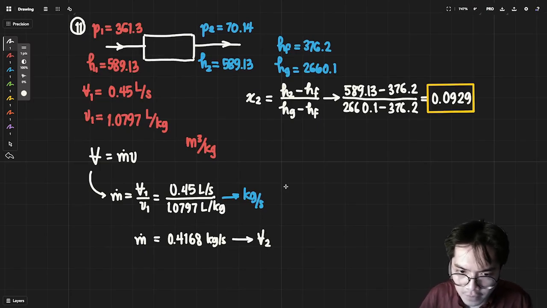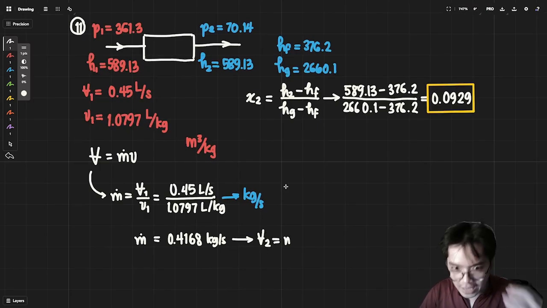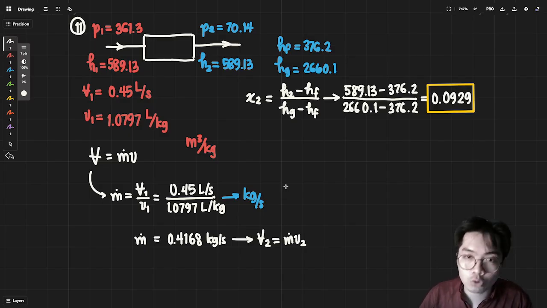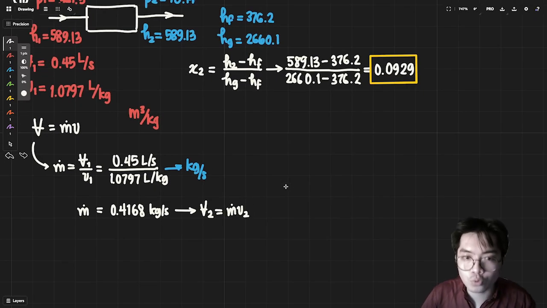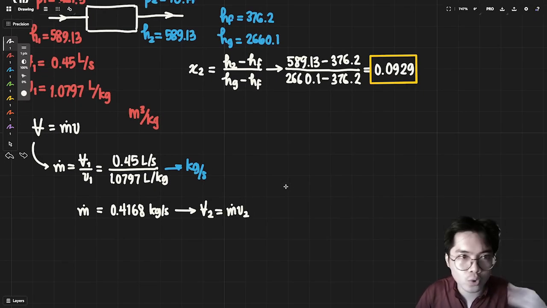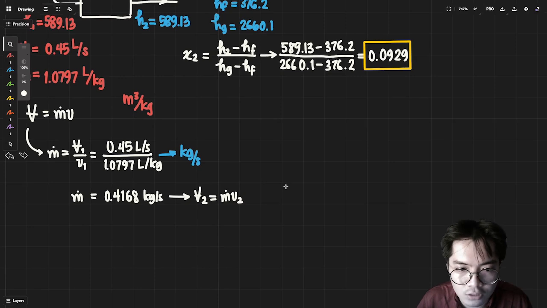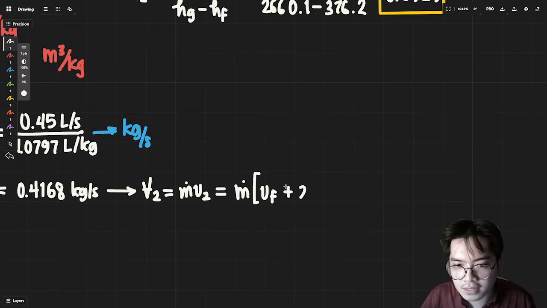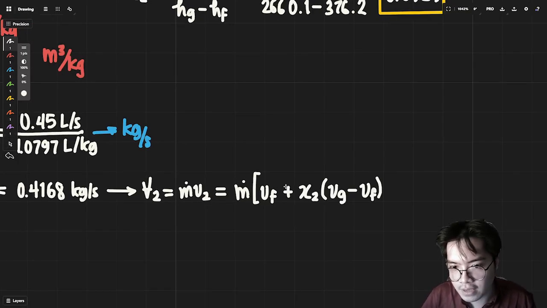And then very clearly, what we just need to do is M dot times the specific volume at state 2. But you don't know it yet. But we can find it, because V2 functions the same way as U2, H2, and S2, in the sense that you can just write this down as M dot times VF plus X2 times VG minus VF.